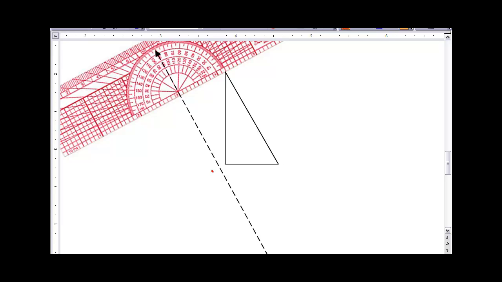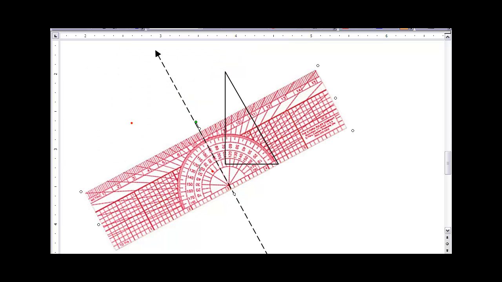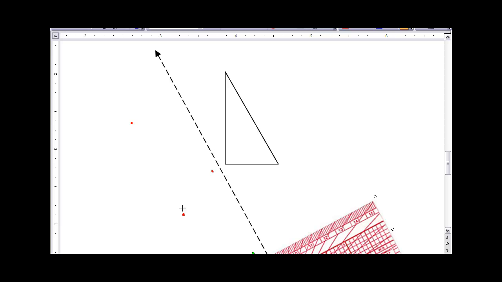So that would be somewhere right around here. And with the last point, it's also a little over 1.2 inches from the line. Therefore, I'm going to come right over here and plot my final point. Then I pull my ruler away, and I'm going to connect those points. So that's how we can reflect using a ruler and a protractor.